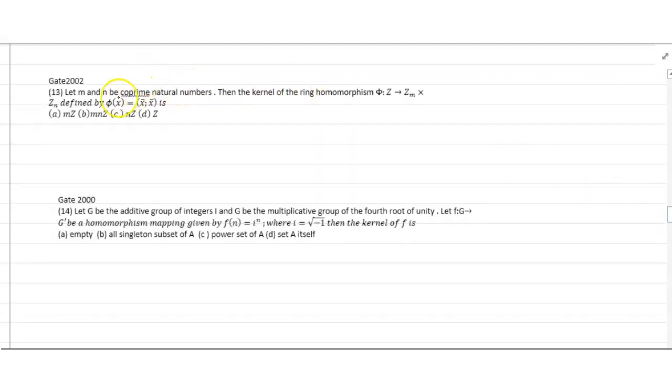Next question: M and N are co-prime natural numbers, then the kernel of the ring homomorphism phi from Z to Zm cross Zn, defined by phi(x) equals (x bar, x bar), is what? I have to find out.